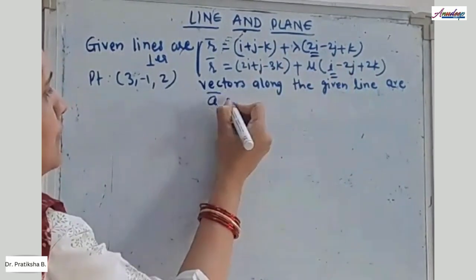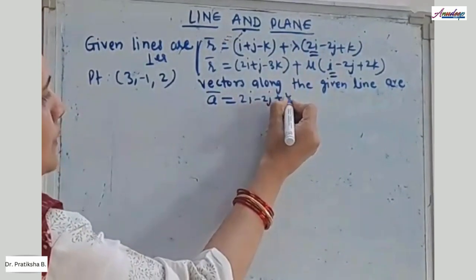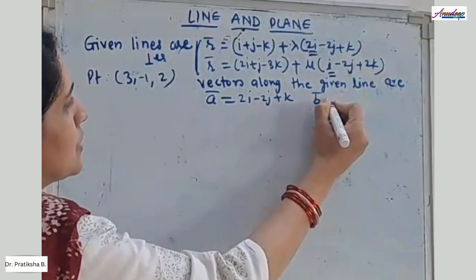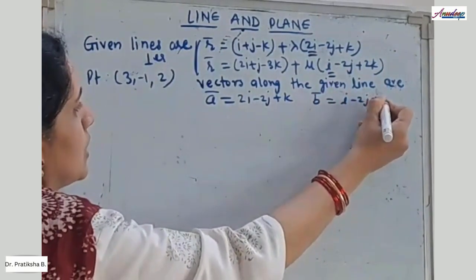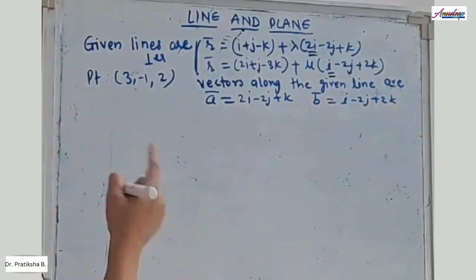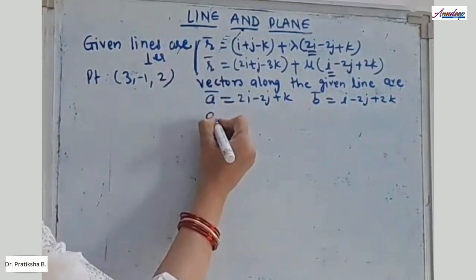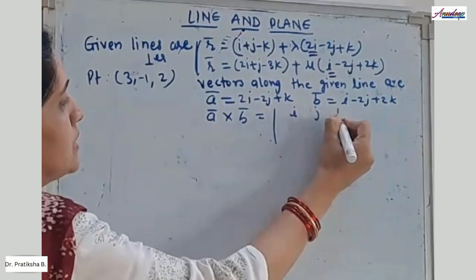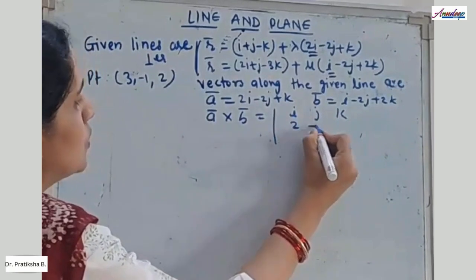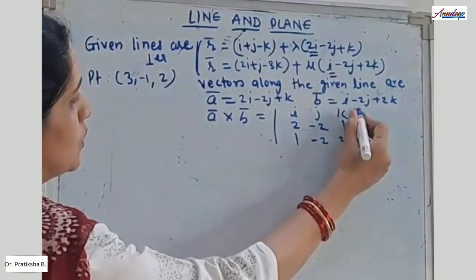Therefore the vectors along the given lines will be the b vector parts. Let me call the first A vector: from the first equation we get 2i minus 2j plus k, and from the second equation the vector is i minus 2j plus 2k, which I call B. So the vector perpendicular to both, along the required line, will be A cross B, obtained by the determinant of i, j, k; 2, minus 2, 1; 1, minus 2, 2.